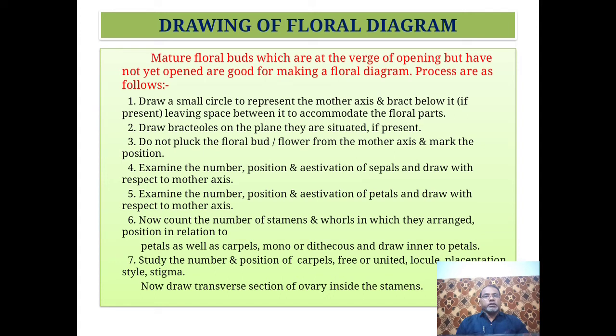Examine the number, position and estivation of petals and draw with respect to the mother axis. Now count the number of stamens and whorls in which they are arranged, position in relation to petal as well as carpel, mono or dithecous nature of stamen, and draw inner to petal.